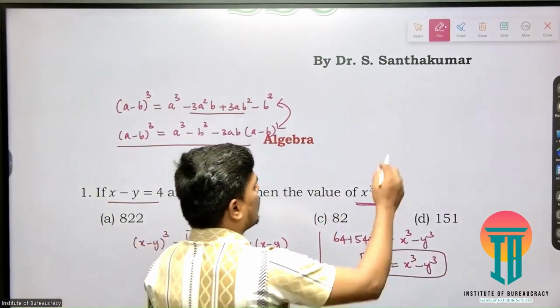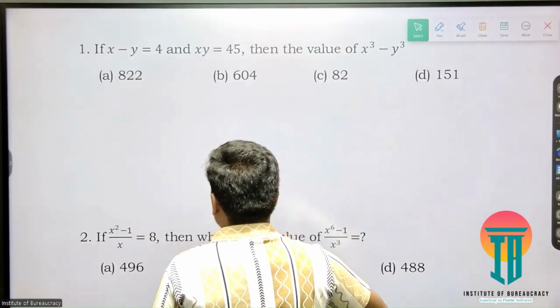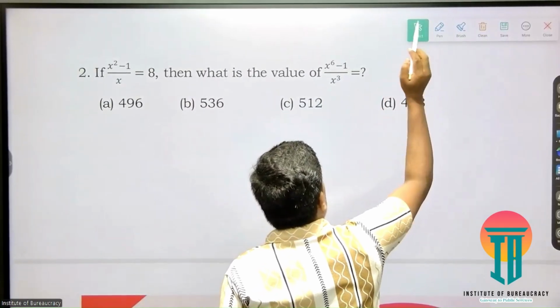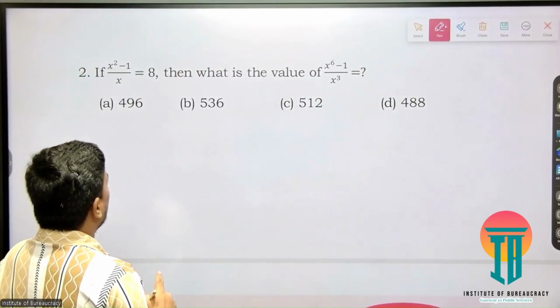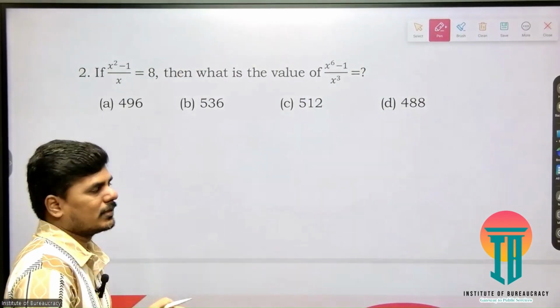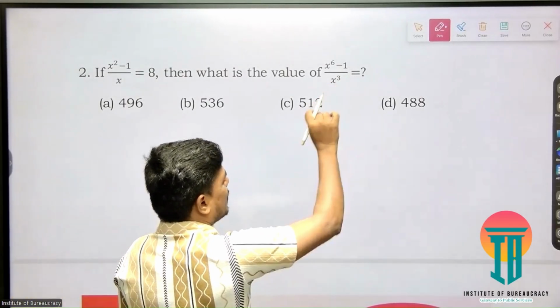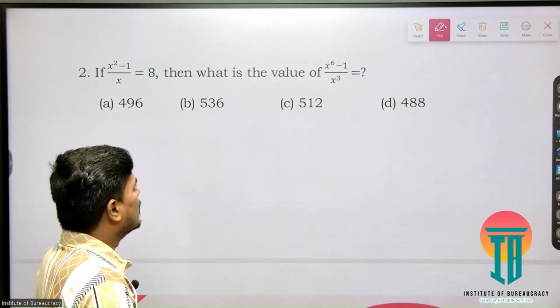Okay, let's move on to another question. Look at this question. x square minus 1 by x is 8. Then find the value of x power 6 minus 1 by x power 3, is equal to what? That's what they are asking.